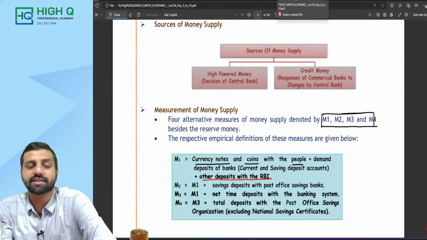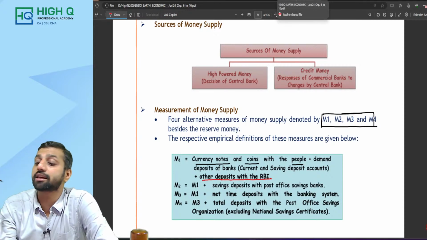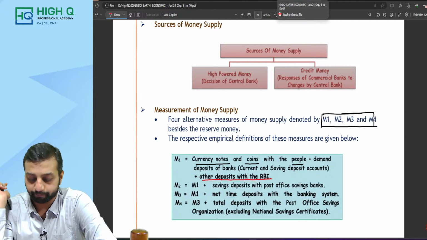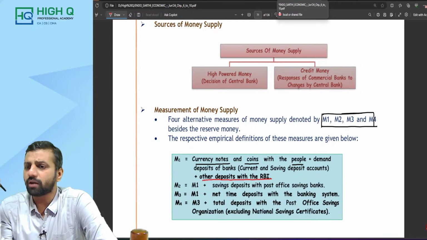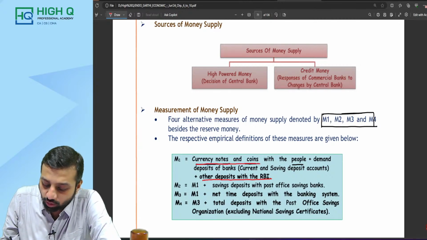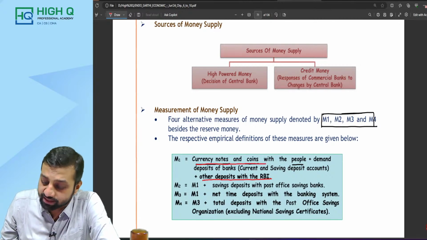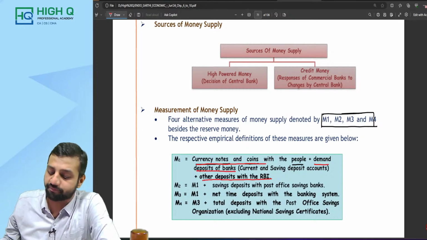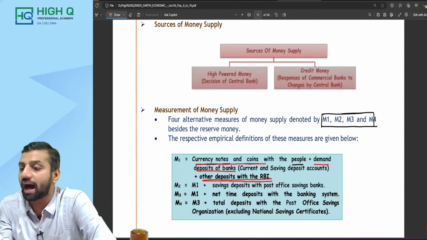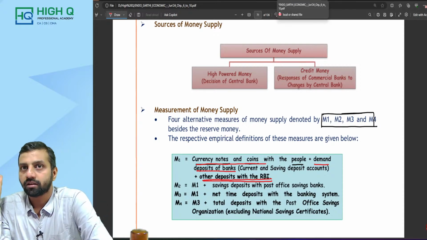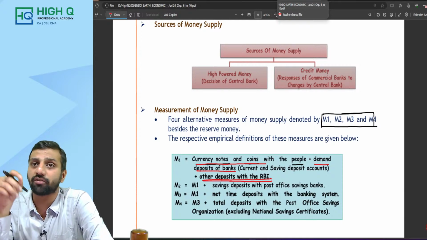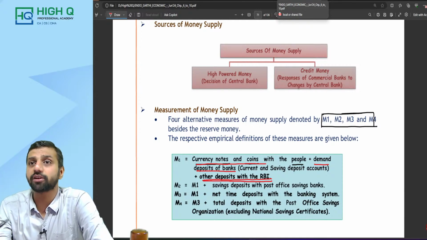The other central banks of the world can keep a reserve, can keep some money with the RBI. So beta, what is M1 equal to? M1 is equal to currency, notes and coins plus demand deposits of banks plus other deposits with the RBI. Other deposits with the RBI can include deposits of the government, central bank of other countries.